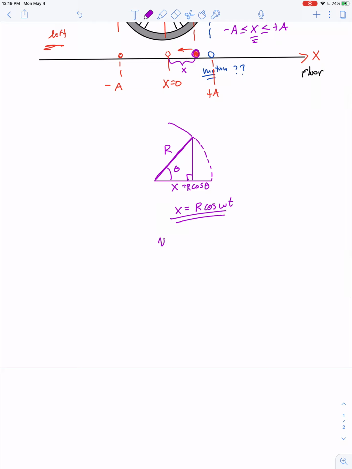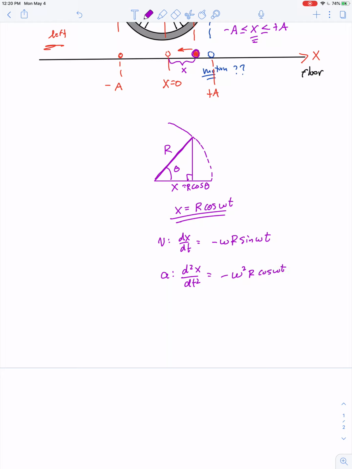What about the speed? Well, that's dx/dt, so the speed would be equal to negative omega r sine omega t. What about acceleration? That's the second derivative of position with respect to time, and it would give us negative omega squared r cosine omega t.